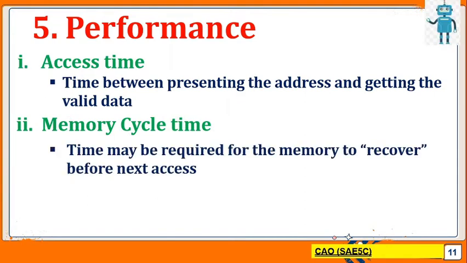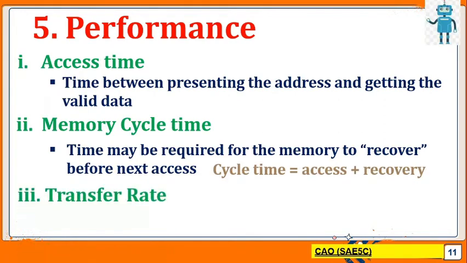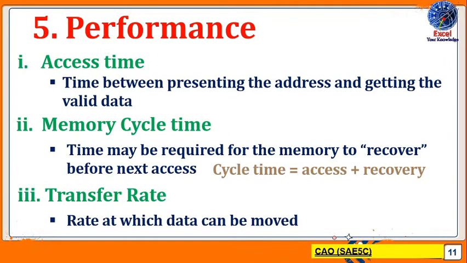The memory cycle time is the time required for the memory to recover before the next access, that is, to be ready for the next access. The cycle time is calculated as access time plus the required recovery time.